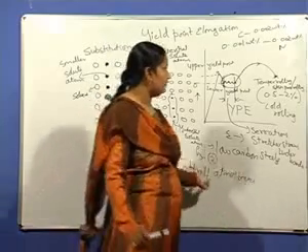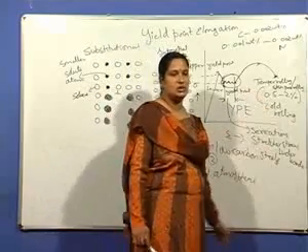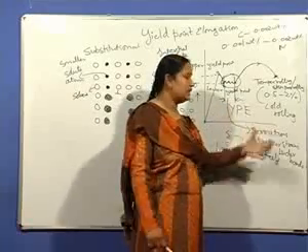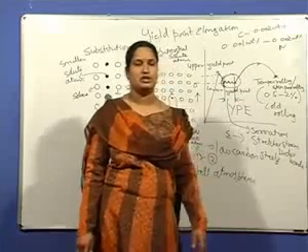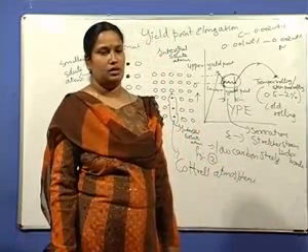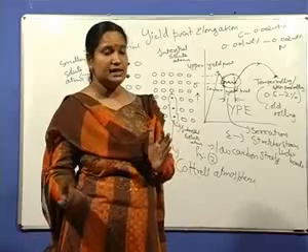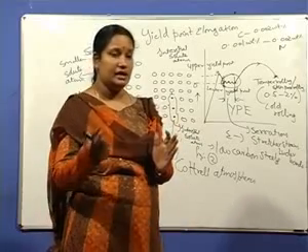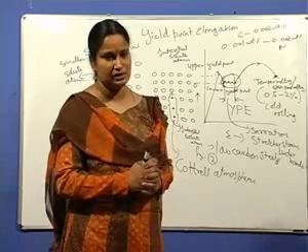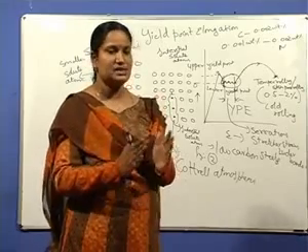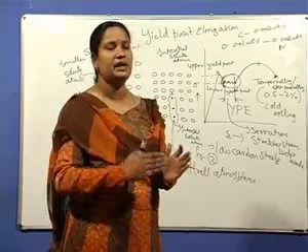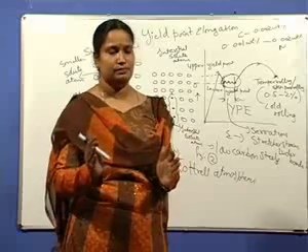Even after giving this temper rolling or skin pass rolling, this effect will be seen if the material is left at room temperature for some time, because these elements again diffuse into the material and again form atmospheres. So as soon as this temper rolling or skin pass rolling is given, the material has to be formed.